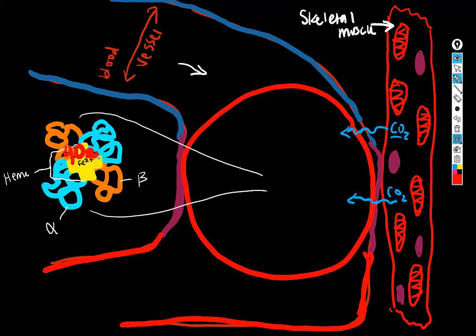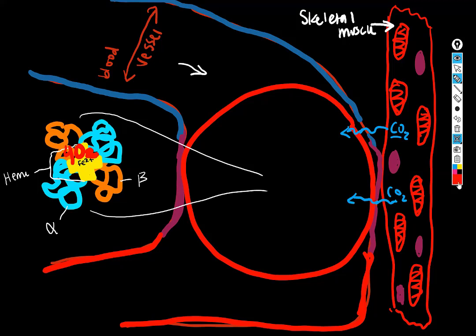When O is bound to another O and it's in the form O2, we call it molecular oxygen because it's 2 oxygens bound to each other. And that's the form it takes in our environment and also in our blood. So basically the hemoglobin is carrying around 4 O2, and that's inside of this red blood cell. And this red blood cell is making the giant loop-de-loop of the systemic circuit.